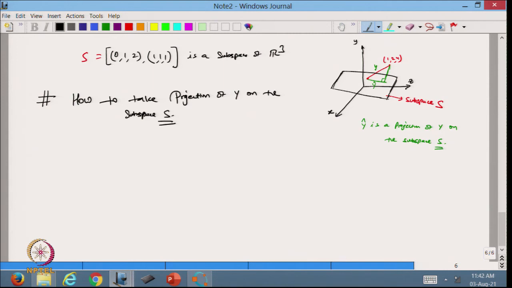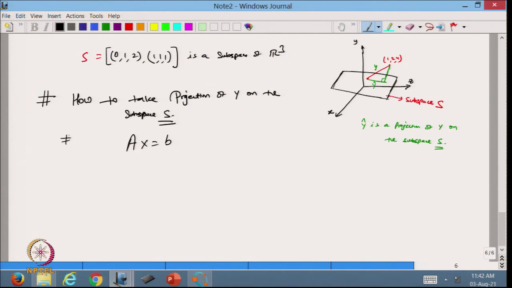I just take the generalization, some system Ax is equal to b, in a general space. So, proof.